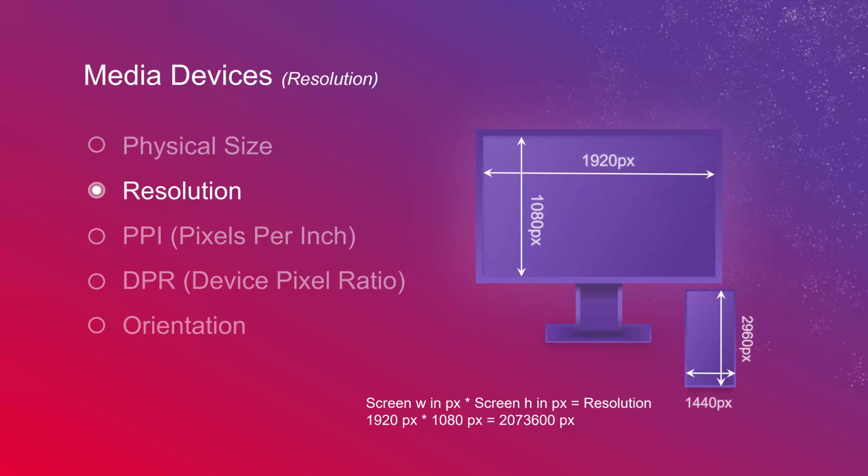But these are things that you've at least read or seen before. These are terms for classical resolutions on screens. So how many pixels are going to be in the width and the height of a screen?